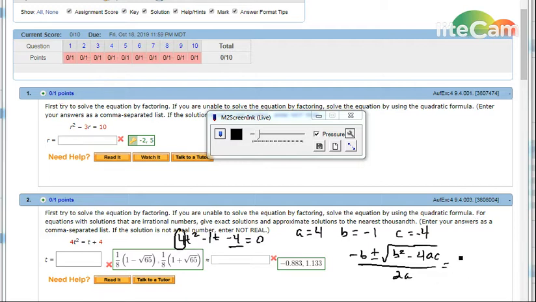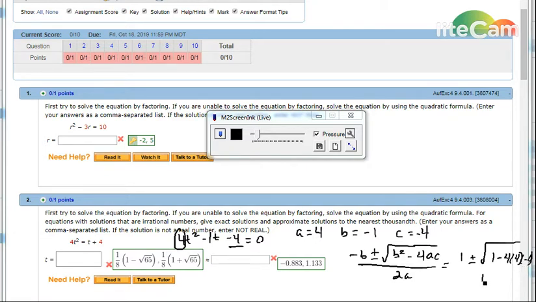Alright, plugging in the numbers, the negative of a negative 1 is positive 1, plus or minus the square root of b squared, negative 1 squared is 1, minus 4 times 4 times c, which is negative 4. Sorry, I ran out of room, but I have three 4's multiplied and there are 2 negatives.